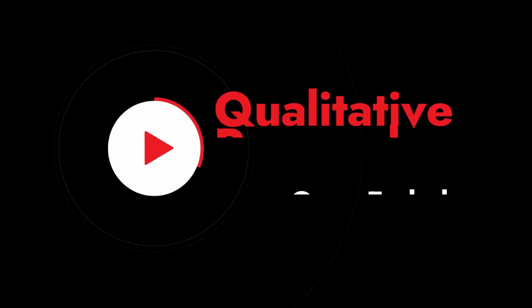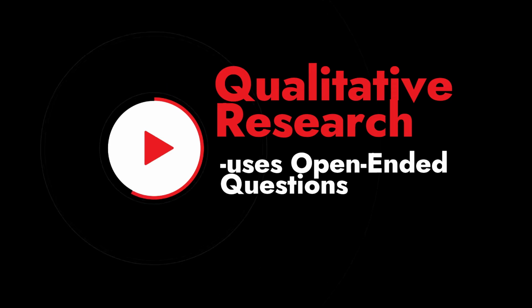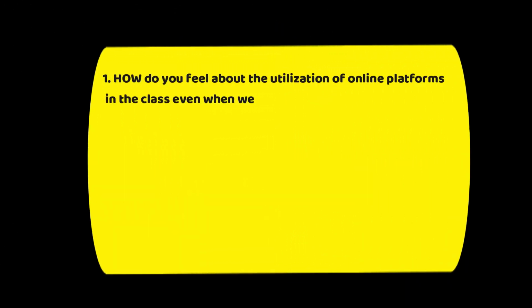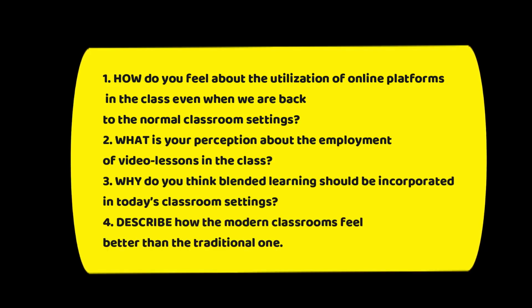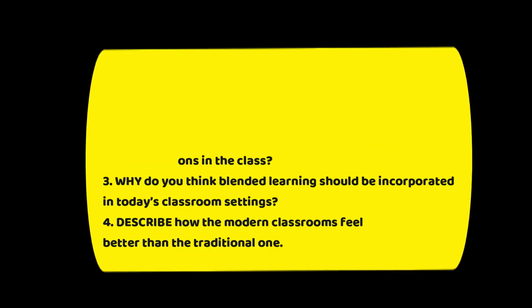Basically, in qualitative research, open-ended questions should be used to enable participants to offer thorough, in-depth responses. We sure have to avoid yes-no questions and queries with a one-word answer. We use words like how, what, why, or describe instead to compel people to express their thoughts and experiences.